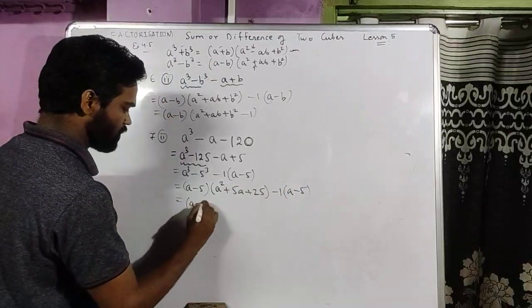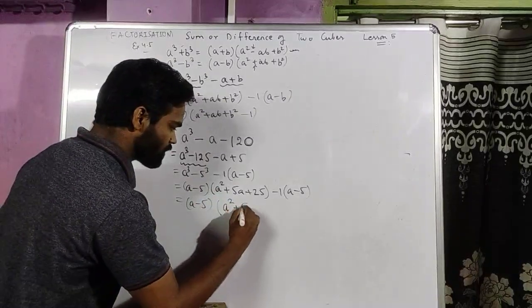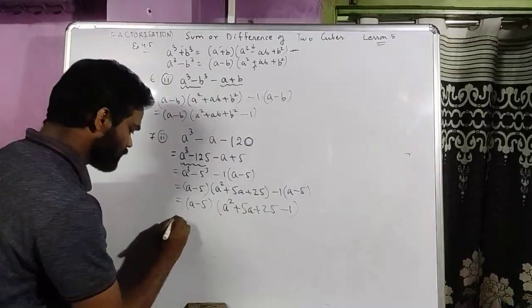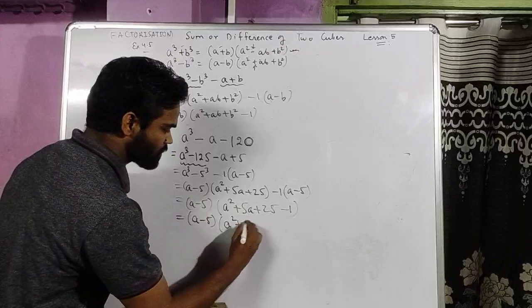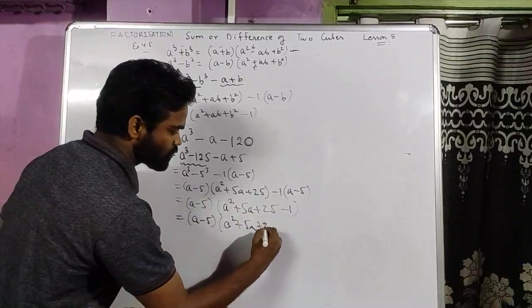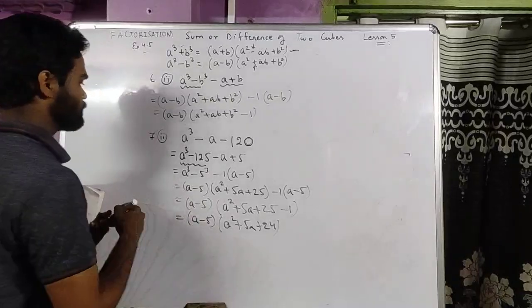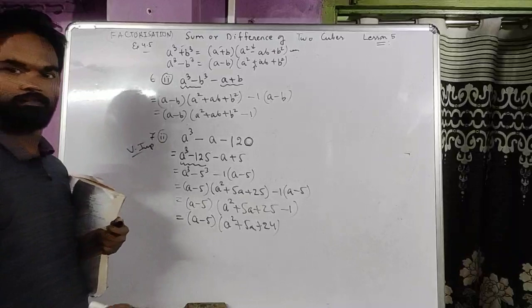Now a minus 5 taken common, so what is left over here? A square plus 5a plus 25 minus 1 is left over, so a minus 5, this is a square plus 5a, this is 24. Done. This was a very nice sum, an important sum also.